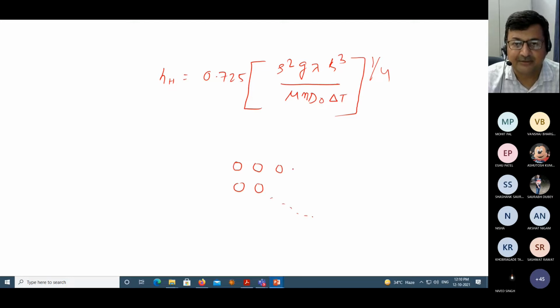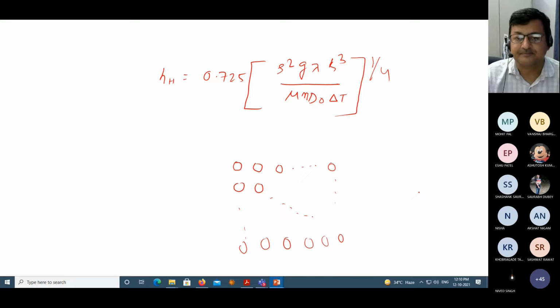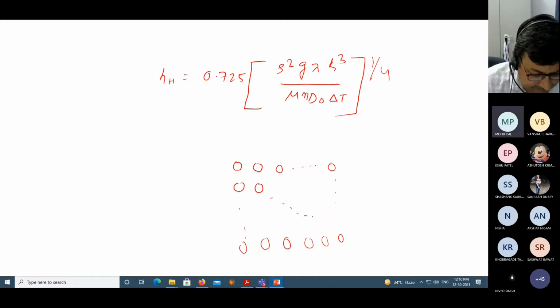You have an array like this. So if you have 100 tubes in a square array, what will be N? 10. So N will be 10.